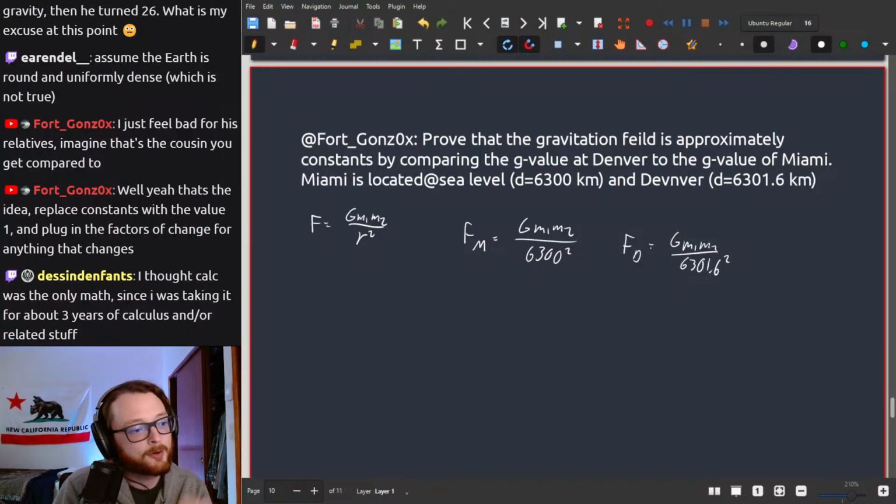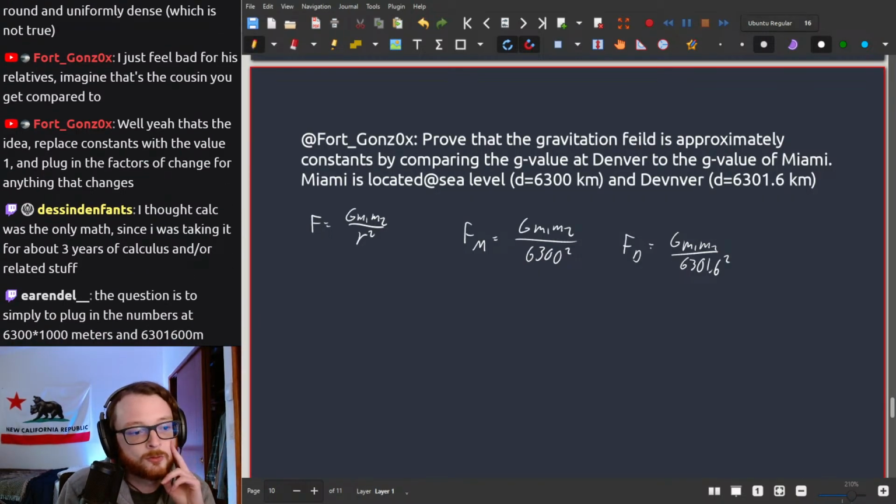It doesn't matter which one we do over which. Actually, we don't need to convert it to meters because we haven't chosen a value for G yet. But if you're using this equation in general, you should make sure to convert these distances to meters first. It's not important for this question, though.